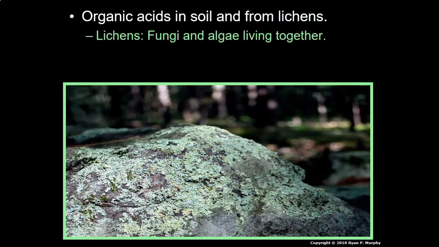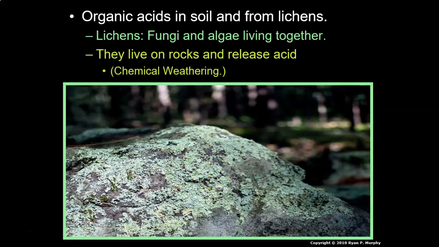Technically, they're actually a fungus and an algae that are living together. And they like to live on the surface of rocks. They also like to live on trees. But the lichen actually release acid. I guess we all do really as waste products, but they release acid. And so when they are on these rocks, the acid starts to wear away at the rock after a while.